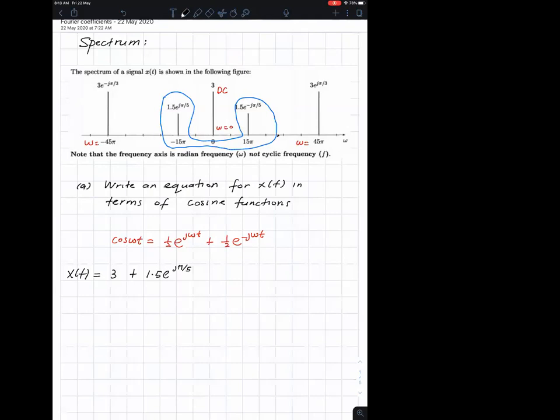The amplitude and phase. So you have one amplitude and phase right here. And that is occurring at what frequency? A frequency that is minus 15π. Correct? So you're going to put e to the minus j 15π t.